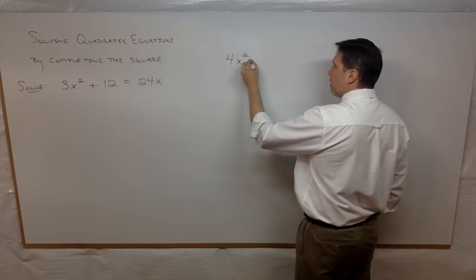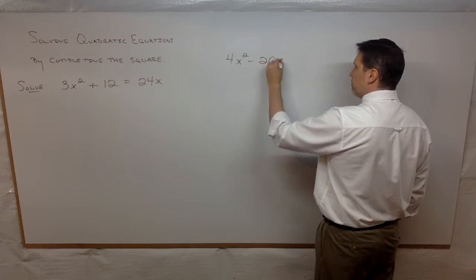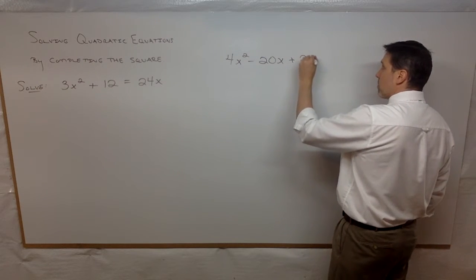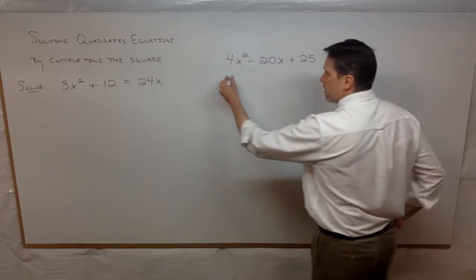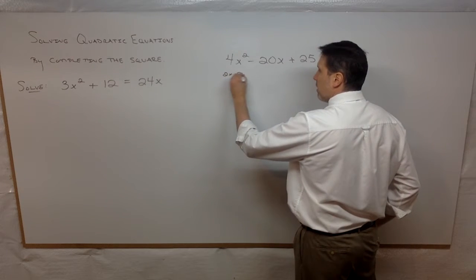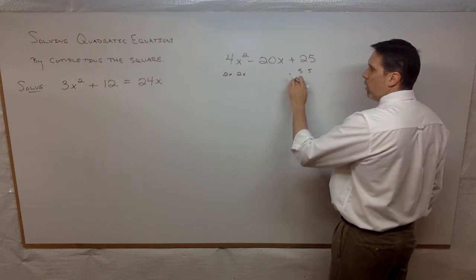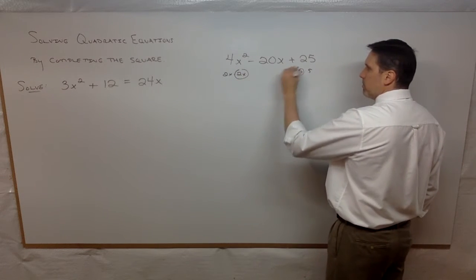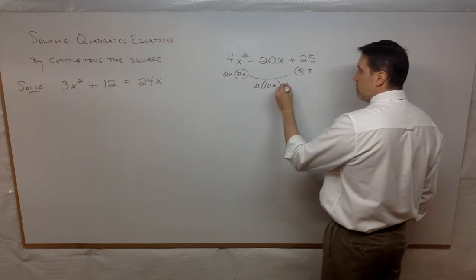Say 4x squared minus 20x plus 25. That's a perfect square trinomial, and it factors very nicely. Remember, we go 2x times 2x, perfect square. 5 times 5 is a perfect square. We take one of each and multiply them together, we get 10x, and then multiply that by 2.